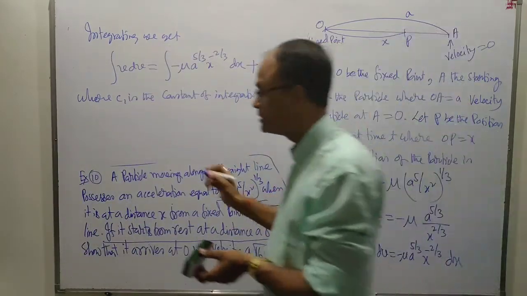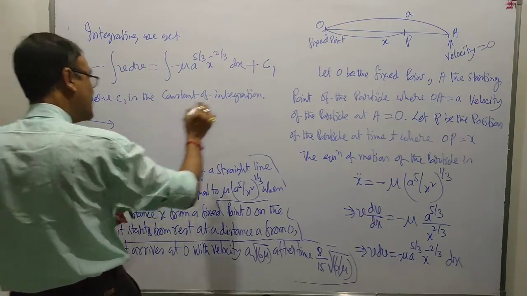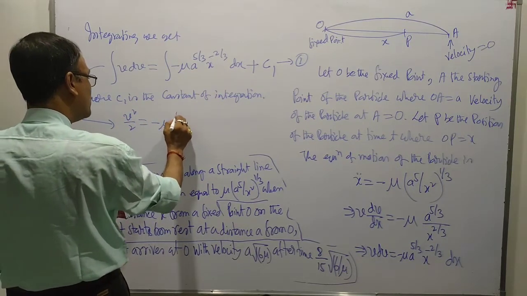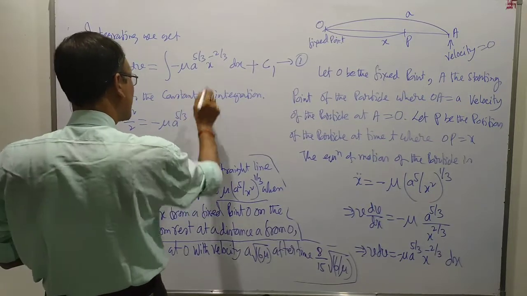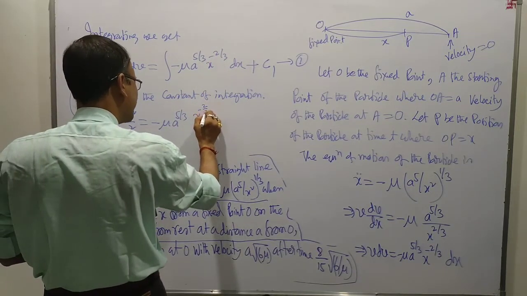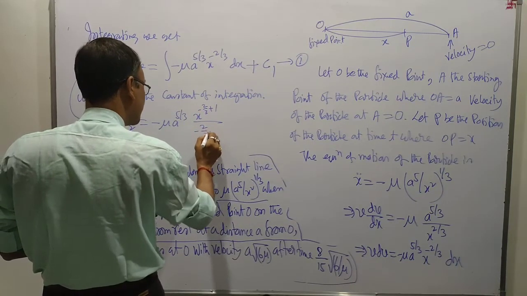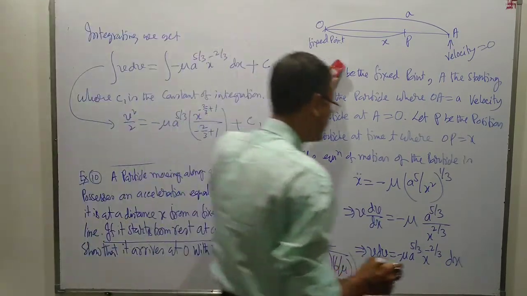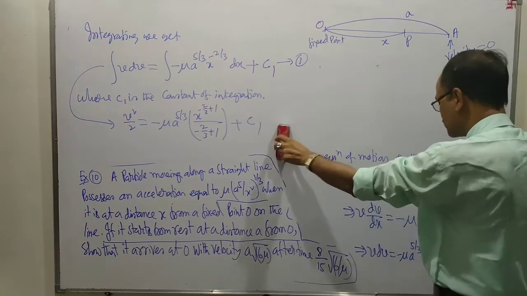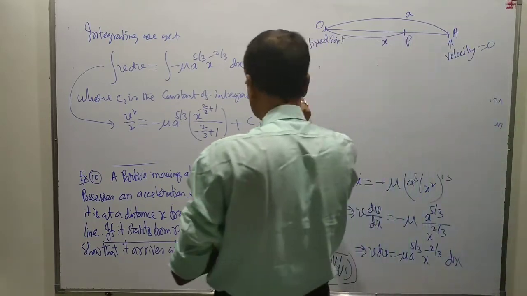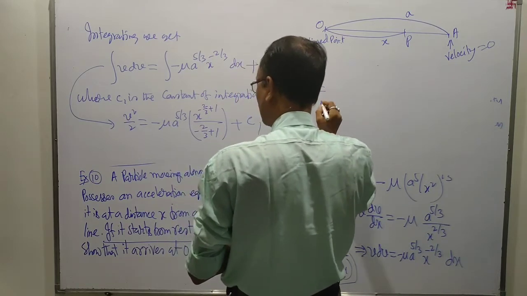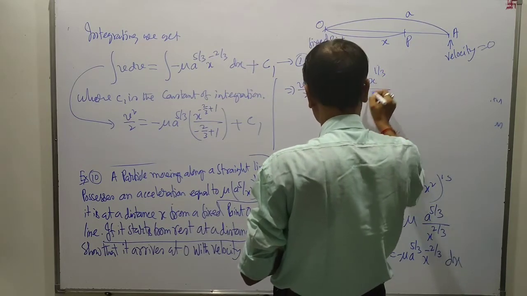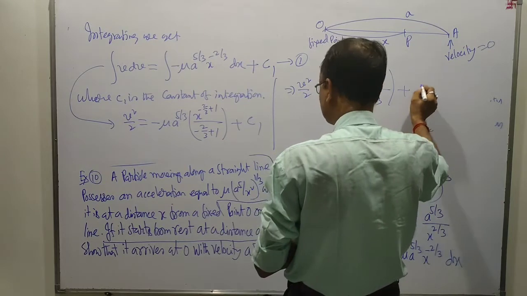This means v square by 2 equal to minus mu a to the power 5 by 3 times x to the power minus 2 by 3 plus 1, divided by minus 2 by 3 plus 1, plus C1.